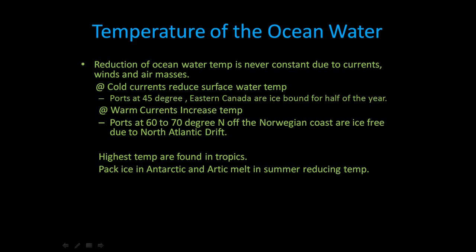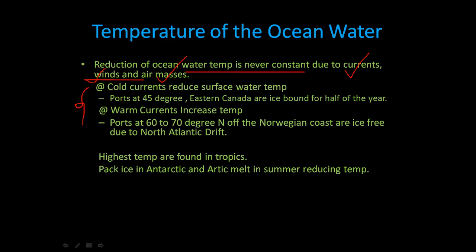Now let us come to the temperature of the ocean water. Well, the one thing we know for sure is that as we go towards the pole, the temperature of ocean water will decrease, but this decrease is never constant. Why? Because of currents, winds, and air masses. Now there is the part about how cold currents affect the ocean surface water and how warm currents affect the surrounding land.